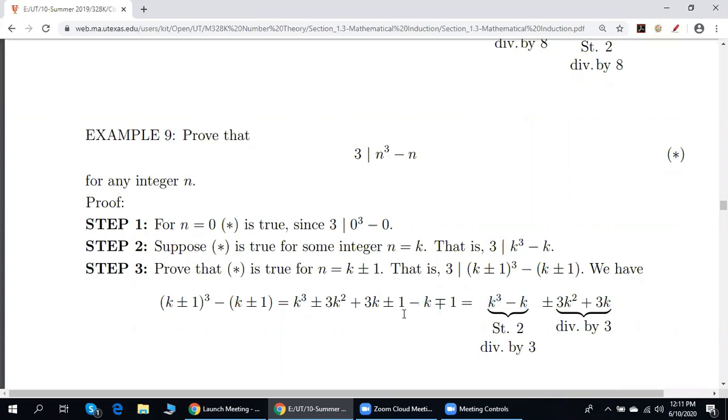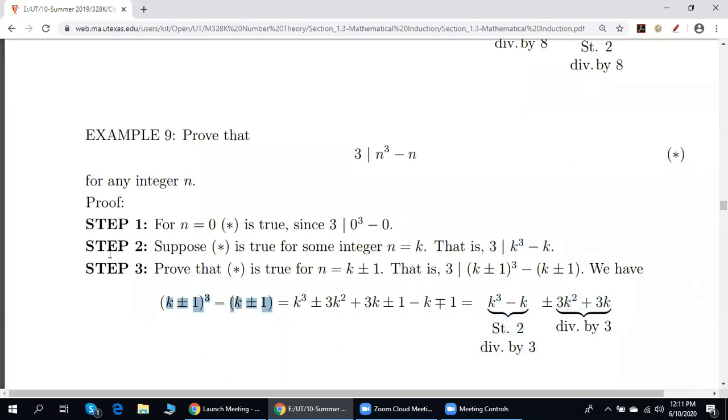Let us cancel out 1, because plus minus 1 minus plus 1 is 0. And lastly, let us group together this and this. Done. This expression is divisible by 3 because if we factor out 3, it is of the form 3 times integer. This expression is divisible by 3 by step 2. Since this is divisible by 3 and this is divisible by 3, the whole thing is divisible by 3.